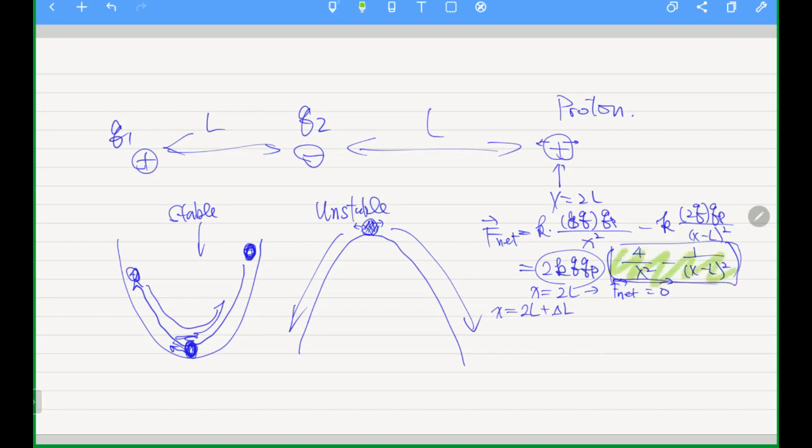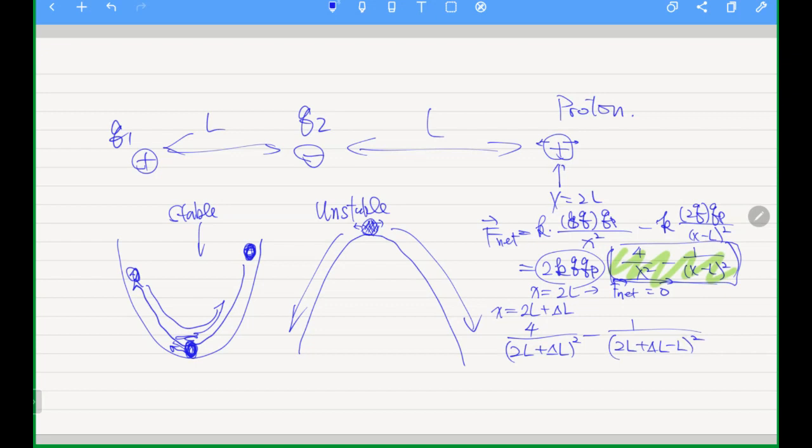We only care about this factor. So if we try to put x to be 2L plus delta L, it will be 4 over (2L plus delta L) quantity squared, minus 1 over (2L plus delta L minus L) quantity squared.